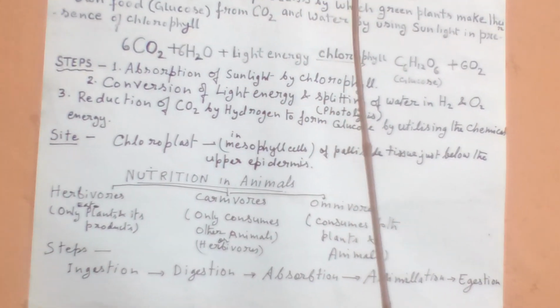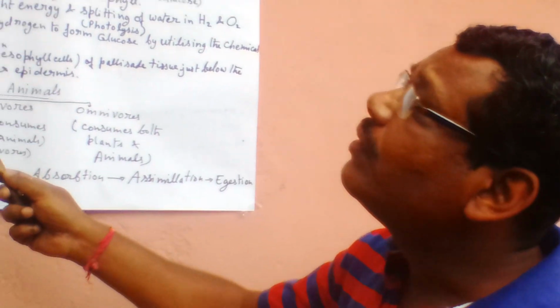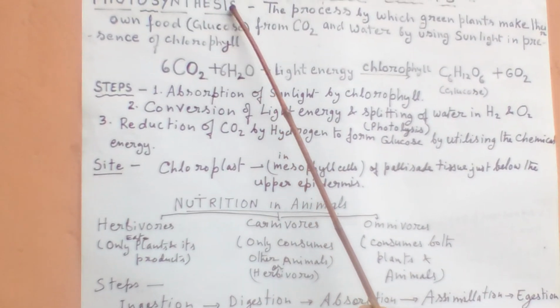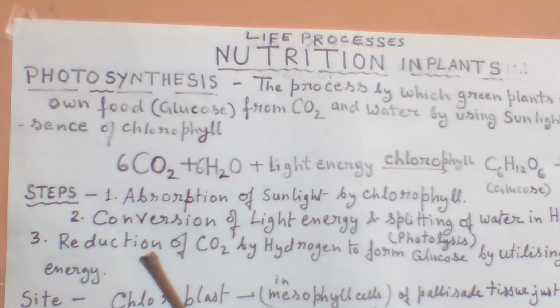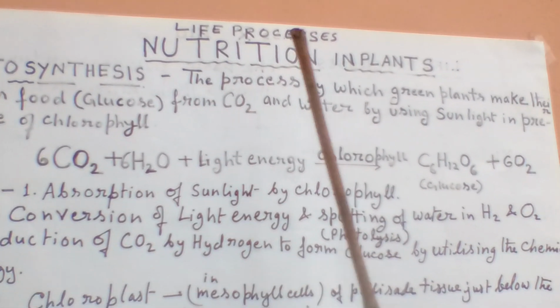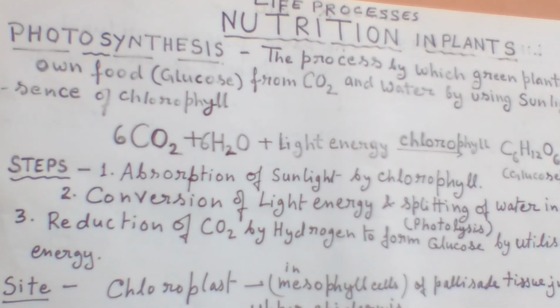So in plants, the nutrition is basically a self-prepared method, and that is called photosynthesis. Photo means light, synthesis means using the light energy to prepare food from raw materials available in the environment.